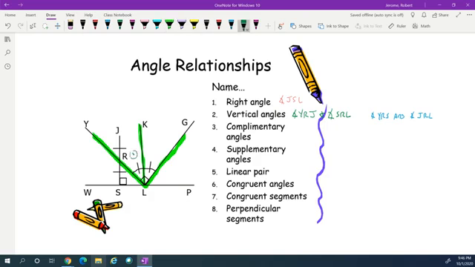We'll call angle 1 and angle 2. So complementary angles, as an example, we might say angle YLK and angle KLG. They're not the only pair, but that is a pair of complementary angles. Remember, complementary, two angles that add to 90. So we could not use a 90 on its own. We need two angles that add to 90.